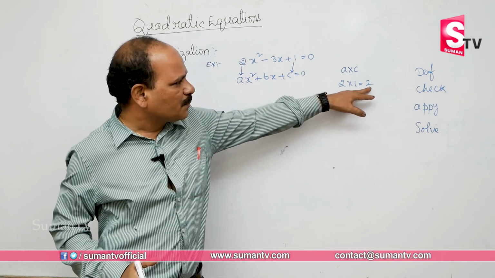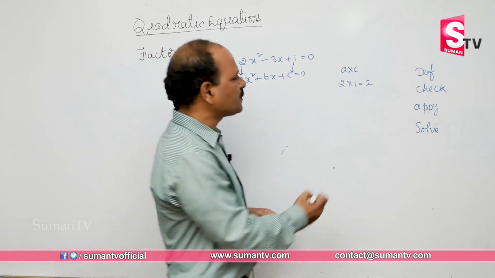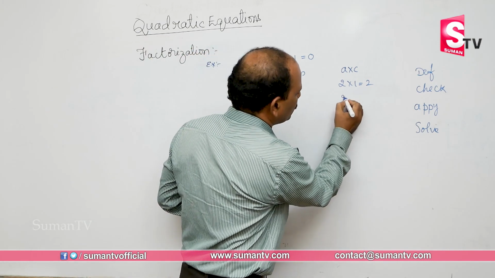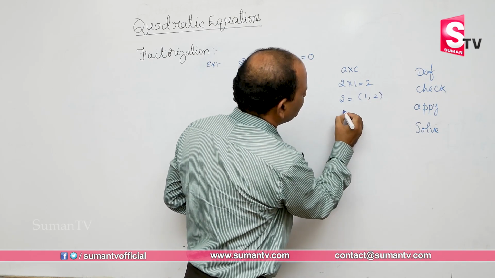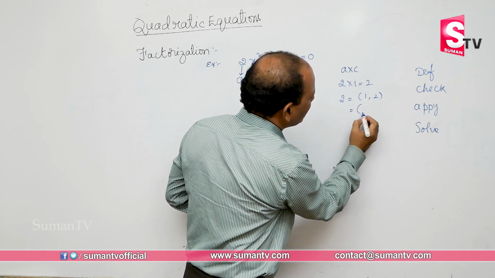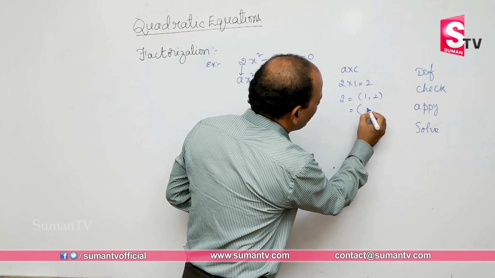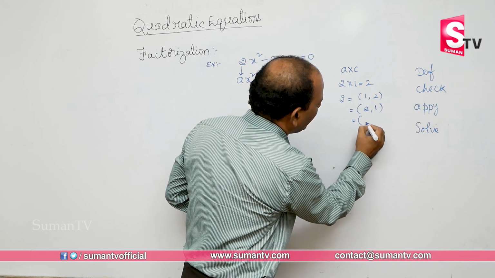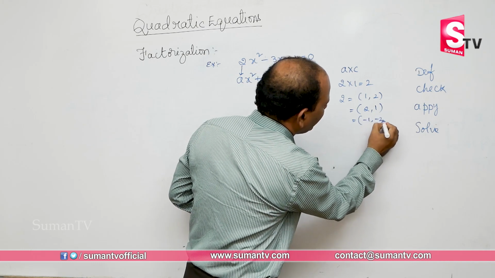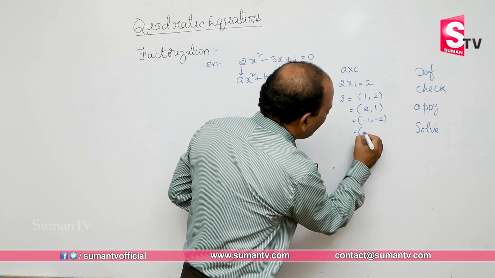Next, I have to split into factors. What are the factors of 2? One is 1 comma 2, and the others are 2 comma 1 and minus 1 comma minus 2.